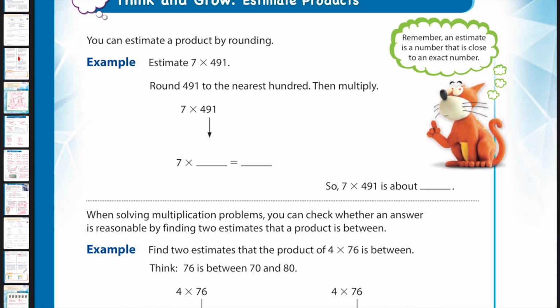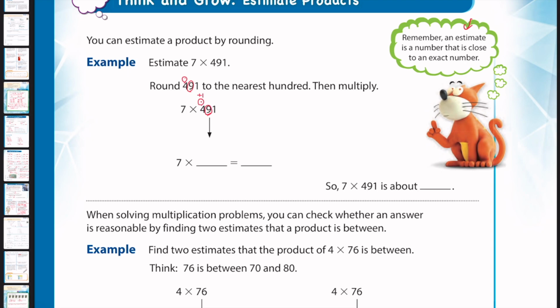You can estimate a product by rounding. You need to remember an estimate is a number that is close to an exact number, but not the exact number. So, for example, estimate 7 times 491. Round 491 to the nearest 100. When you round this number, the target number is 4 and the neighbor number is 9, which is a round up number.